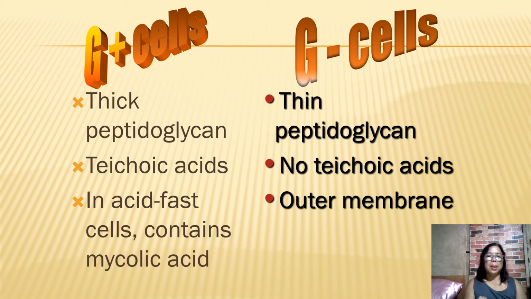And then the gram-positive has teichoic acid. Gram-negative is negative for teichoic acid. And then it contains mycolic acid. But in the case of gram-negative, it has an outer membrane.